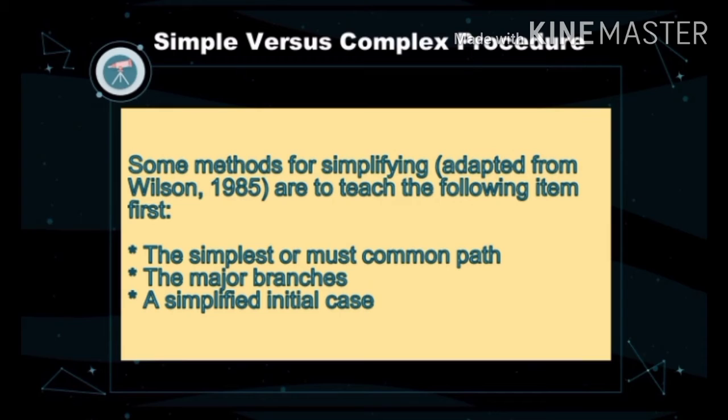Some methods, adapted from Wilson's 1985, are to teach the following items first. Okay, the first, simplest or most common part, the second, the major branches, and the last, simplified initial case.